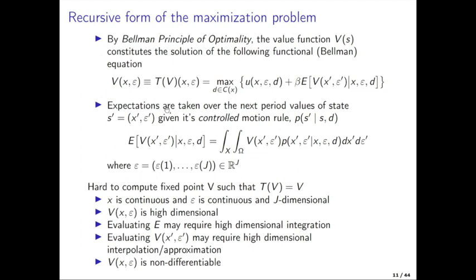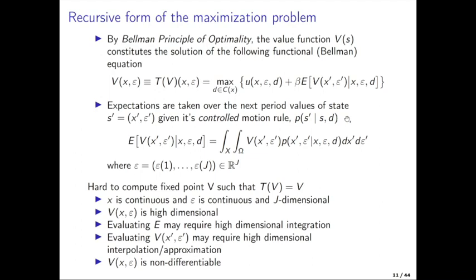This expectation is taken over the next period values of the states S prime, where I denote prime to note the future value of the state. We drop time indices because we are looking at an infinite horizon model where the solution is stationary. So these expectations of the next period state x prime, epsilon prime are calculated given the control policy rule pi and the state variable process.